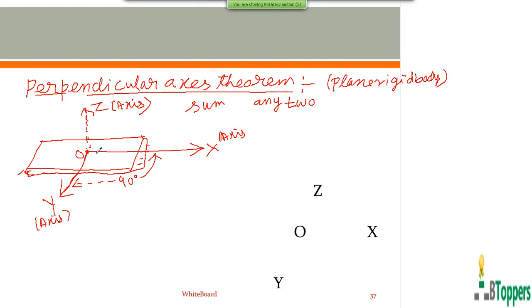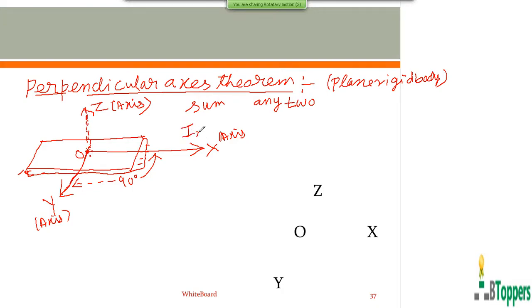The axis OX is perpendicular to the axis OY, and the two axes OX and OY intersect on the first axis OZ at the point O. The first axis OZ is perpendicular to the plane of the rigid body. So the three axes are mutually perpendicular to each other, but the two axes OX and OY lie in the plane of the rigid body, and the axis OZ is perpendicular to the plane.